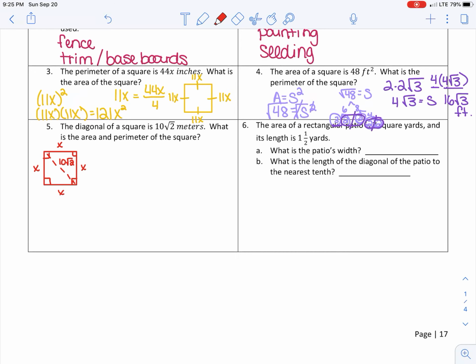So if I look at this portion of my square, I have a right triangle, and I can solve for x to see what my side lengths are going to be. So I have a leg squared plus another leg squared is equal to that diagonal or the hypotenuse squared.